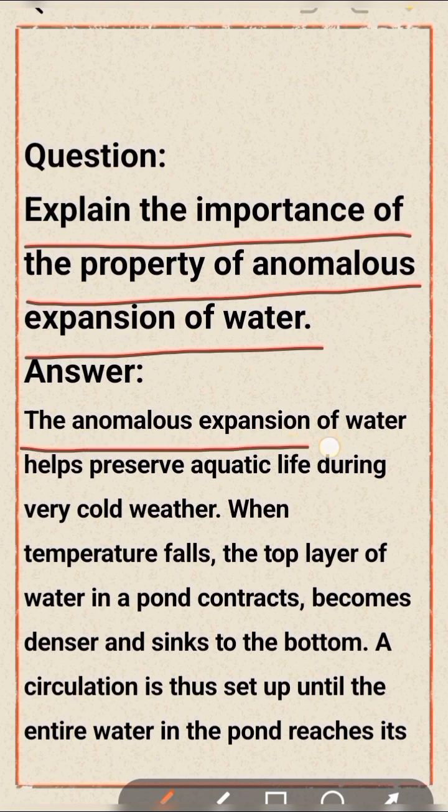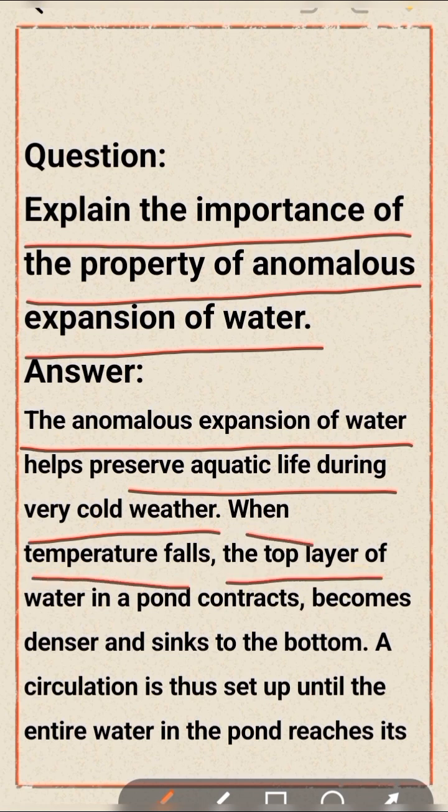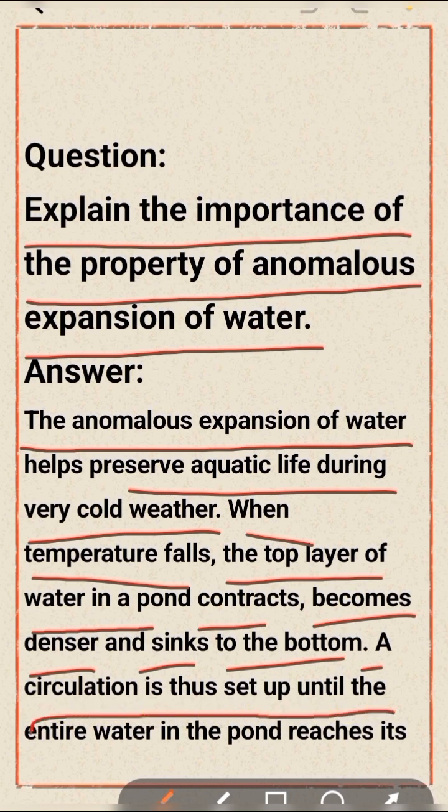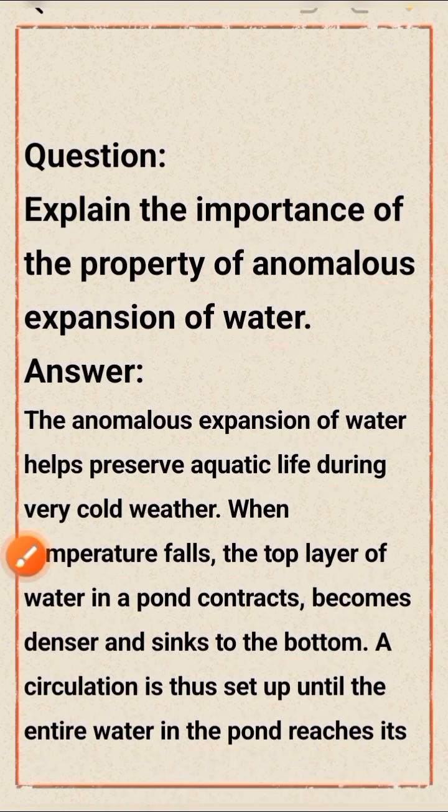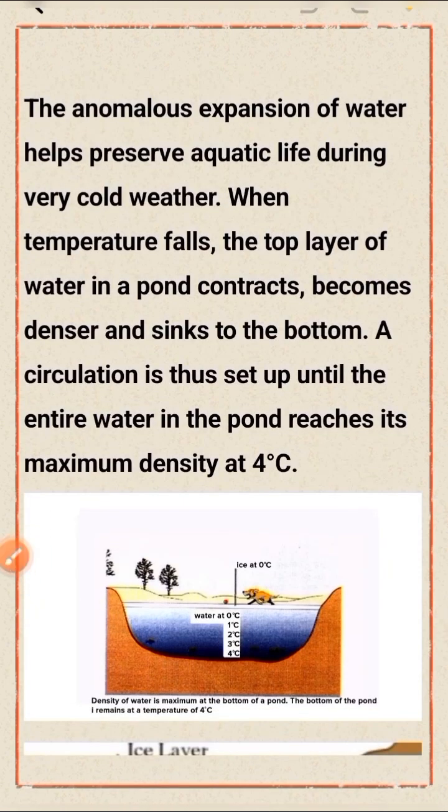The anomalous expansion of water helps preserve aquatic life during very cold weather. When the temperature falls, the top layer of water in a pond becomes denser and sinks to the bottom. A circulation is set up until the water in the pond reaches its maximum density at 4 degrees.